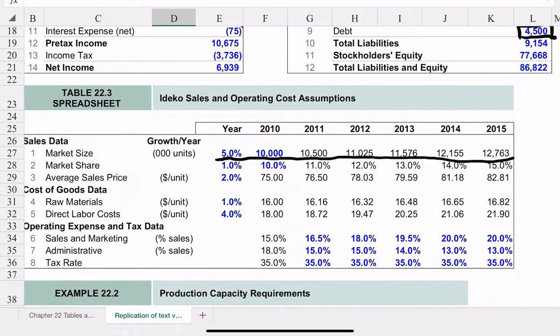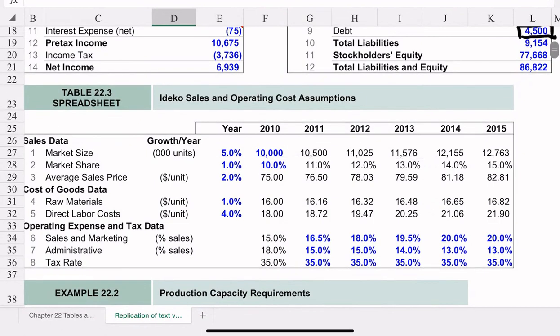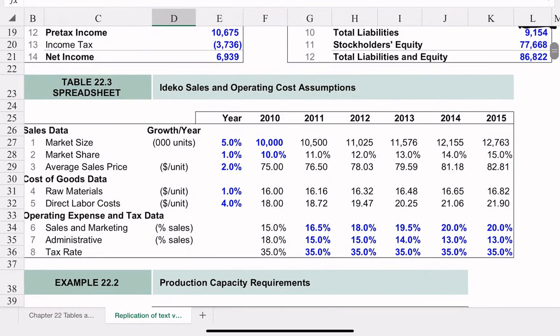And then we also assumed the market share will increase by 1% per year. And the average sales price will increase by 2%. So you can clearly get your sales number from these assumptions.